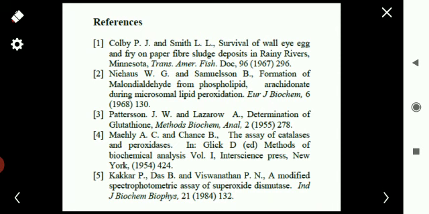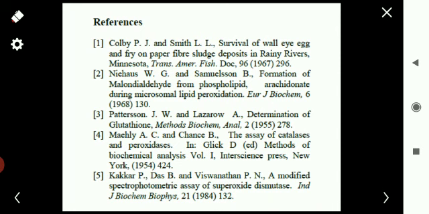We can see that I included 5 references. The 5th one is the Journal of Biophysics. It is an Indian journal.